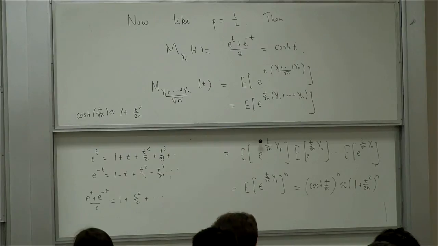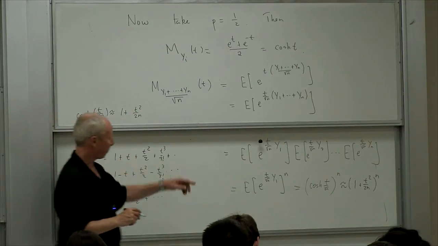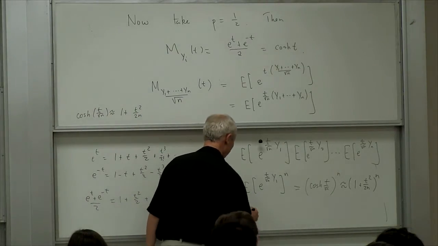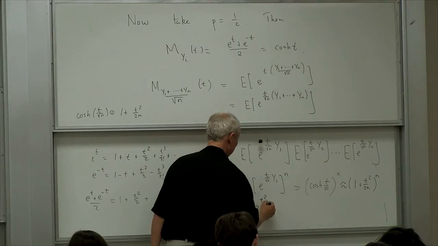You can figure this out by taking log of that and then using L'Hopital's rule. And the log of this goes to x. Okay. So what does this do as n goes to infinity? Converges to e to the t squared over 2.